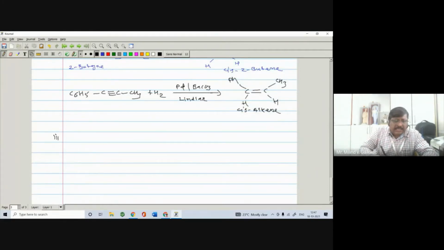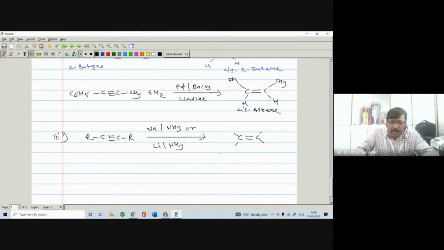Number 3, suppose the same compound, R triple bond C R, maybe same, maybe different. If it reacts with sodium in the presence of ammonia, NH3, or you can also react with lithium in ammonia, then it is observed that the addition of hydrogen on this carbon-carbon triple bond will take place from the opposite side.